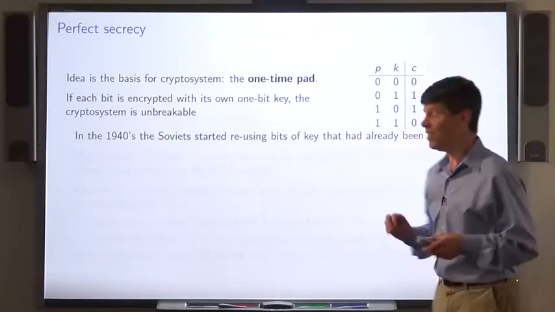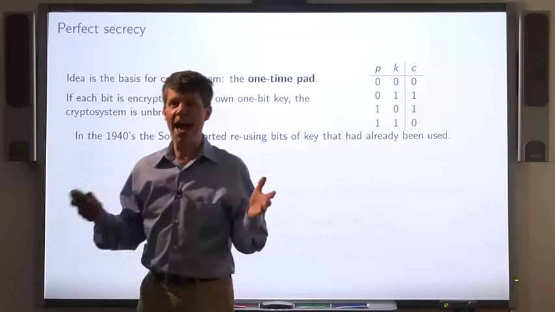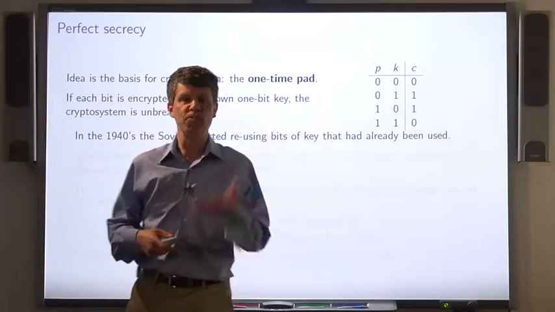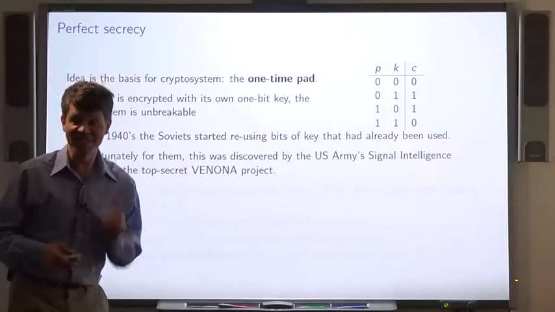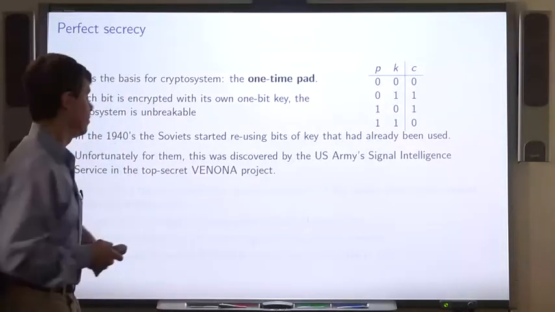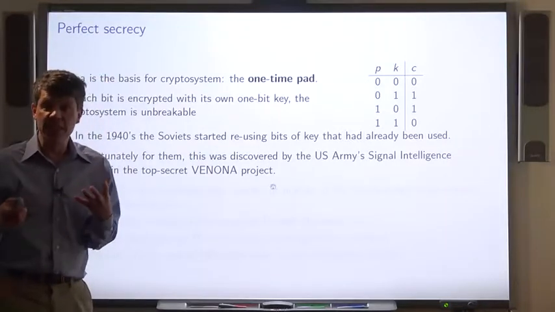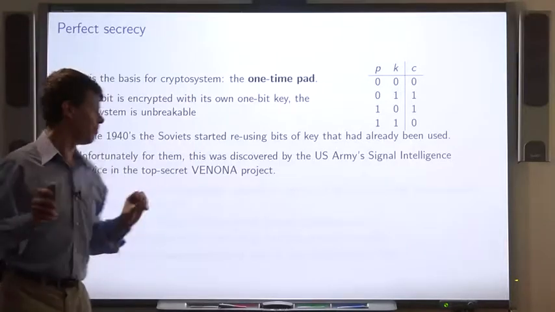Now, in the 1940s, the Soviets seemed to have run out of key, and they started reusing bits that they had used from previous messages. And this was discovered by the U.S. Army's Signal Intelligence Service. They started slowly finding places where they could decrypt little bits of the message.